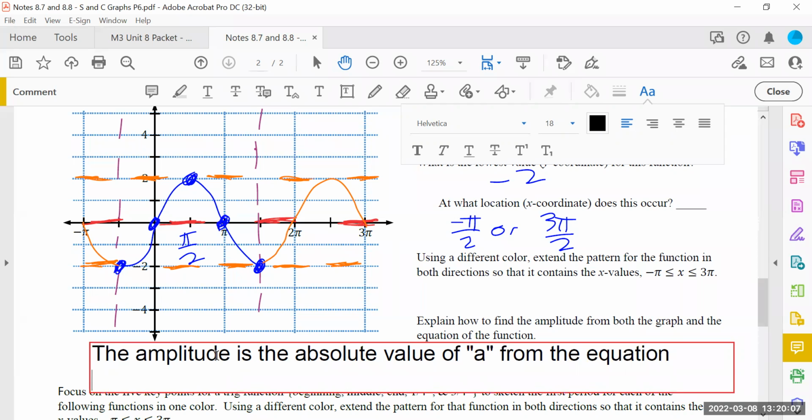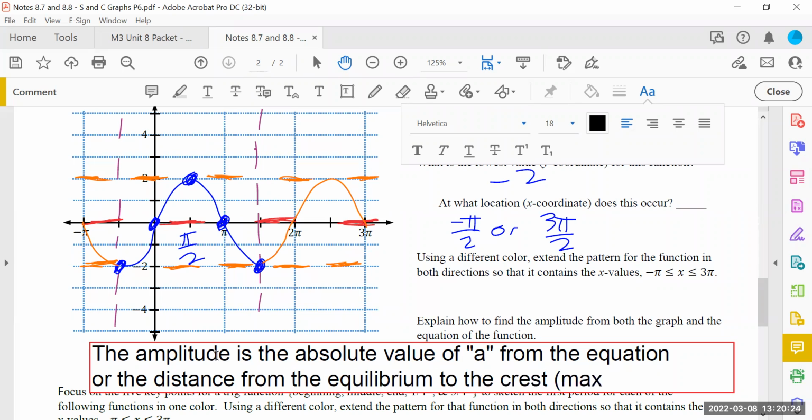Or if you're finding it from the graph, it's the distance from the equilibrium to the crest or the max. Again, yesterday we mentioned that in physics, you call it crest and trough. For us, you can do max and min, the highest and lowest point. Distance from the equilibrium up to the maximum point.